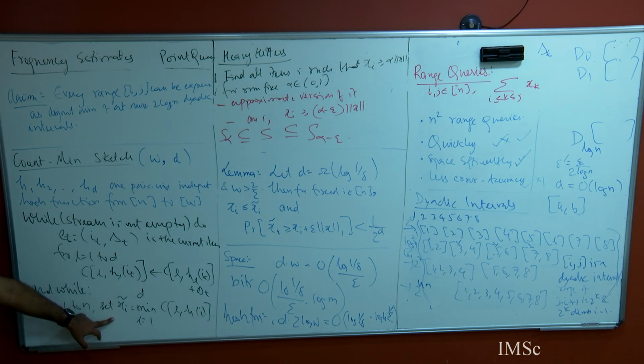Look, we have a guarantee on each xi tilde that they belong to this and this, if we use a log n extra factor here.